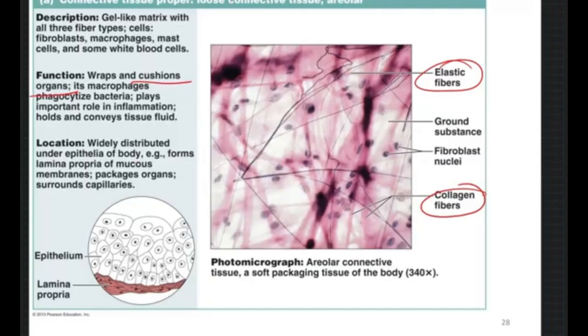And this is what swells. This is where fluid accumulates when somebody develops edema. And it has a bunch of white blood cells that protect you from bacteria. Okay? Now, you cannot pinpoint any particular organ. It's everywhere, really. Like it wraps around the intestines, for example.